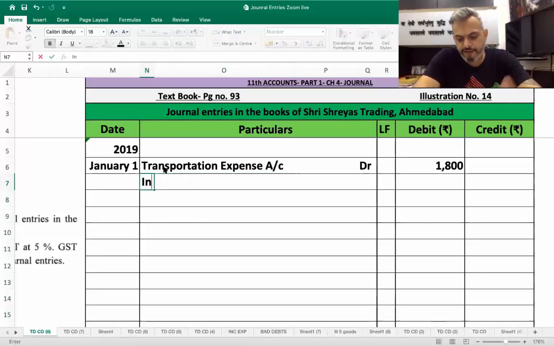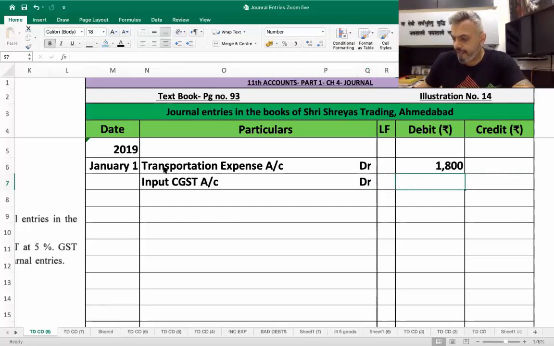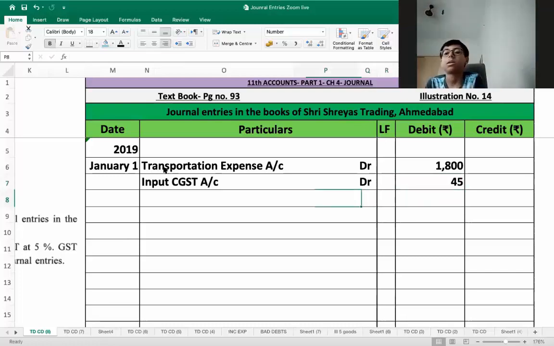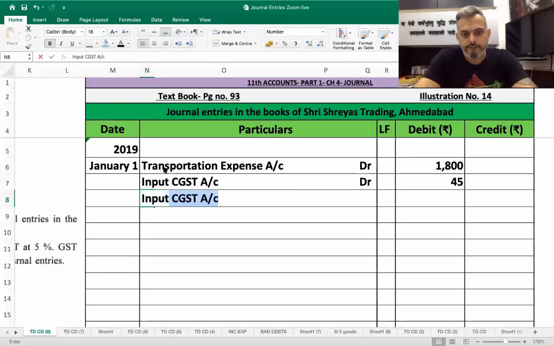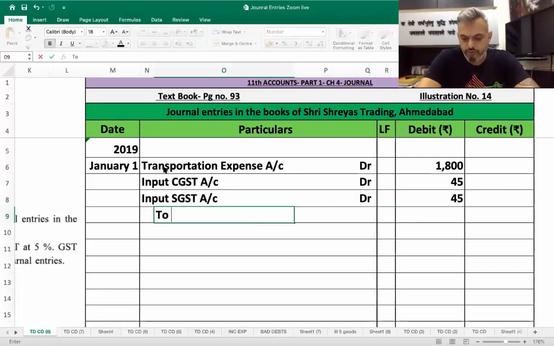So expense as service comes in, so input CGST account debit 2.5%, so take calculator, 45 rupees and input SGST account again 45 to bank account 1890.